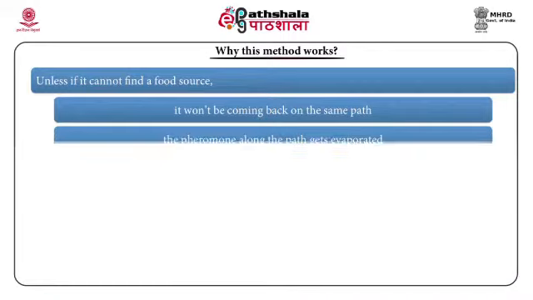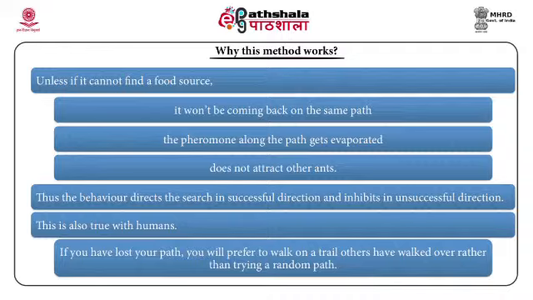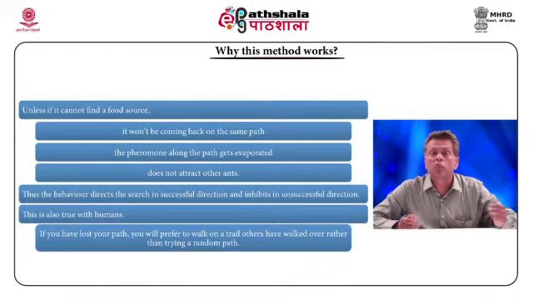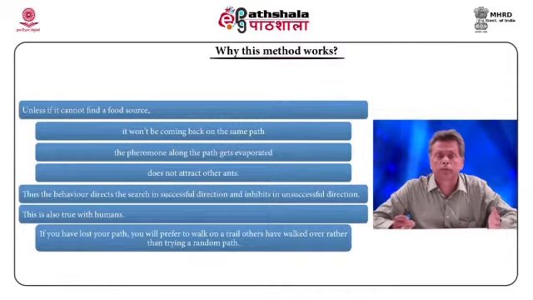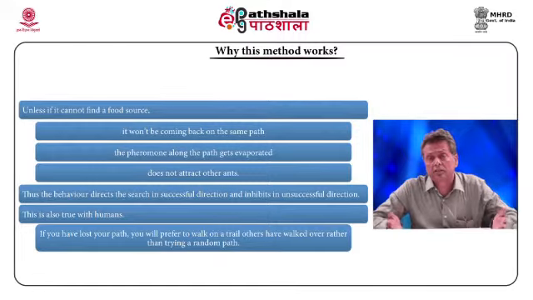So, what if some other ant has traveled some other path? If the ant has traveled some other path without finding a food source, it is not going to come back, and the pheromone value will evaporate. So, it won't remain as attractive as it should be after a while.